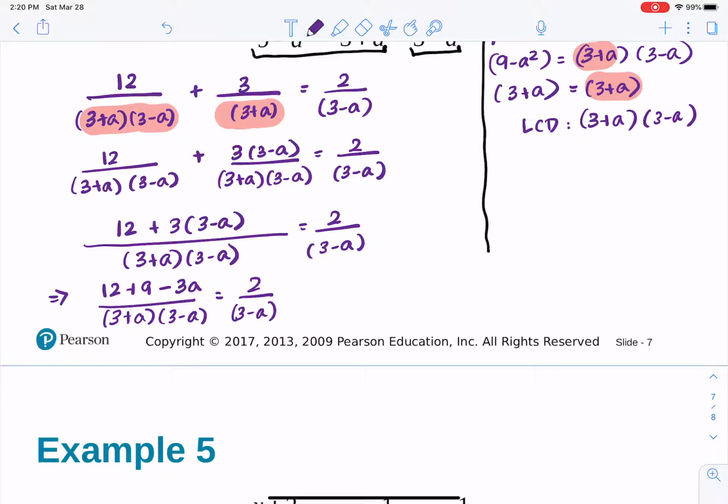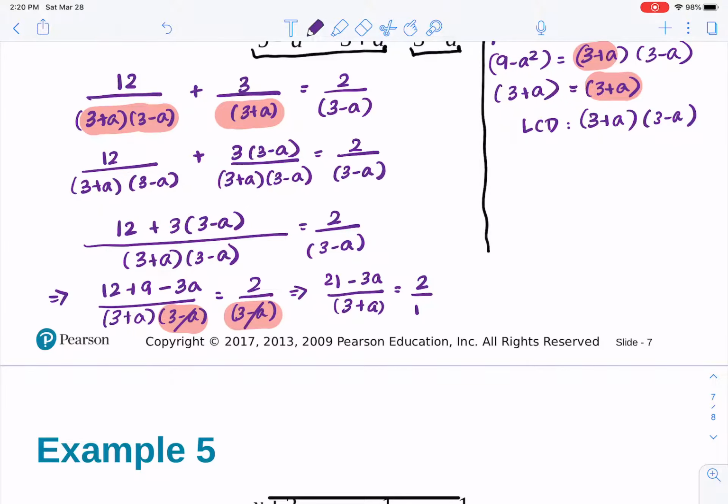Don't be in a hurry to cross multiply. Let's see if we can simplify. We have 3 minus a in common, so we can cancel it out, which would give us 21 minus 3a over 3 plus a equals 2 divided by 1.